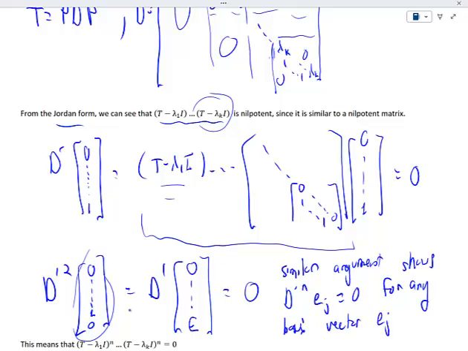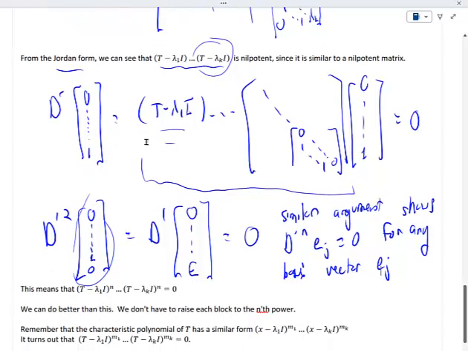Okay, so that's telling me that D prime is nilpotent, and T is similar to D prime, so T is also nilpotent. Since this is nilpotent, we know that the degree of nilpotency is less than or equal to the dimension of the space.